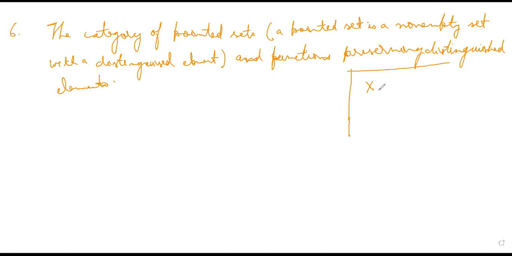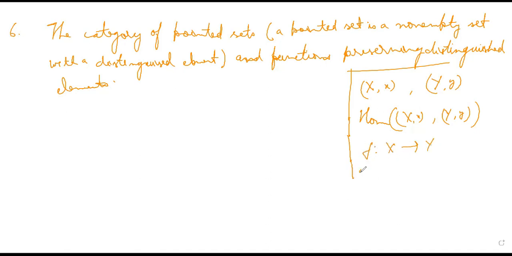So for example, with X you can consider a non-empty set, and this small x should be an element of capital X. Similarly for Y. And then Hom(X,Y) will be the set of all functions f from X to Y such that f(x) goes to y.